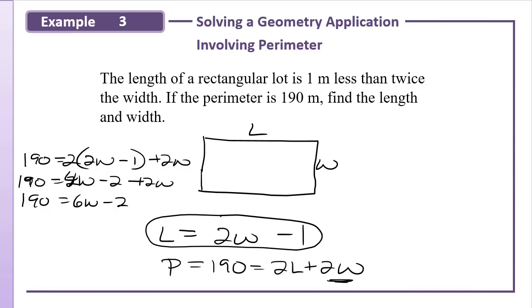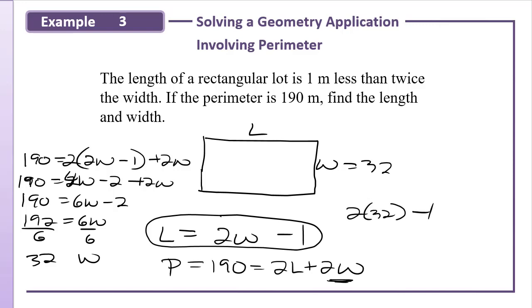Isolate our variables, so add the 2, 192 equals 6W, and then divide by 6 to get our final answer of W equals 32. Once we know what W is, you can plug it in here. 2 times 32 minus 1 gives me 64 minus 1 gives me 63. I know my length is 63, and I found both dimensions.